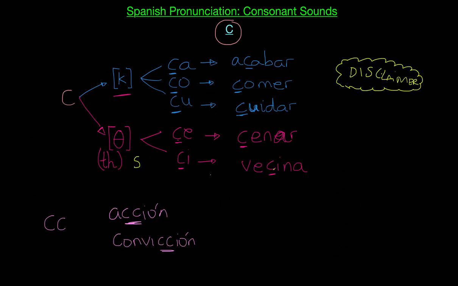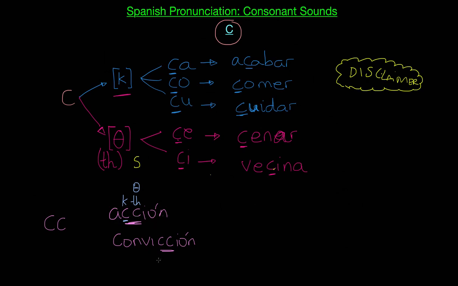When we come across two Cs together, the first one will sound like a K, ak. And the second one will sound like a TH, like the British TH. So this word in Spanish is acción.